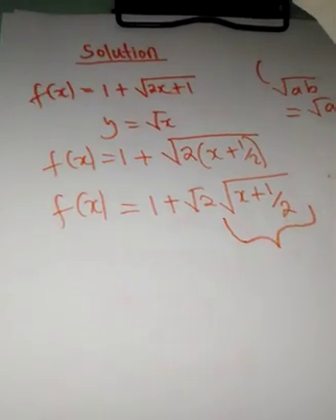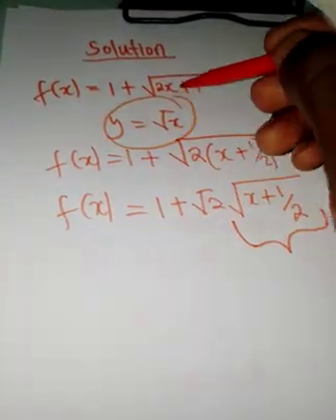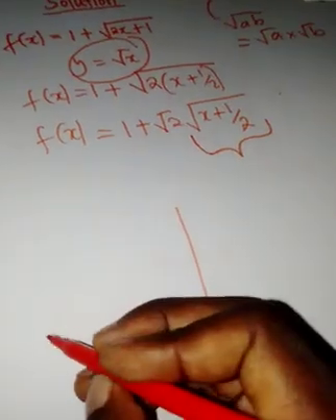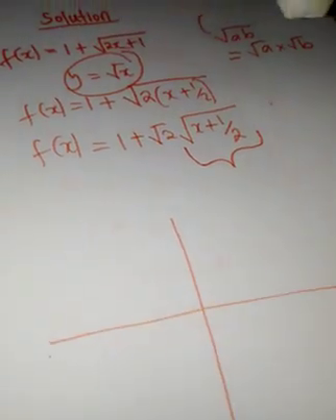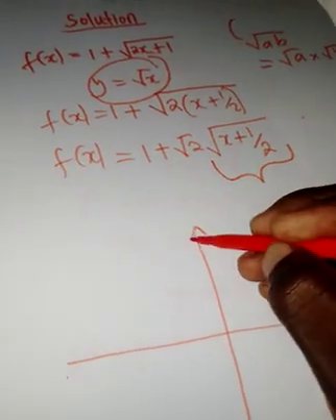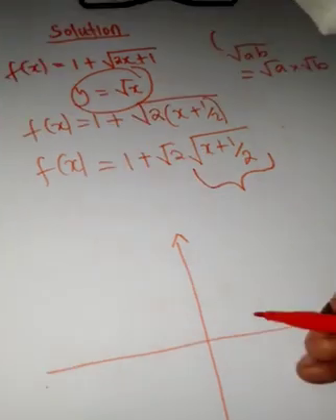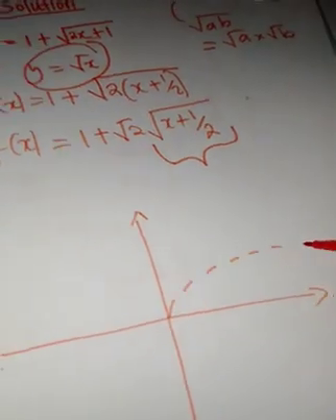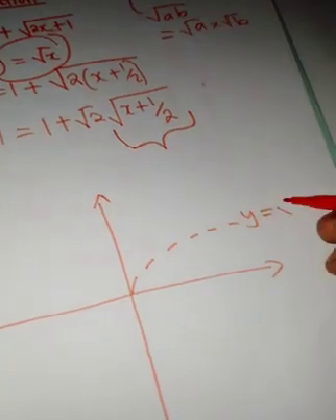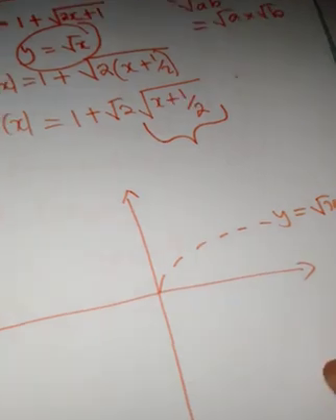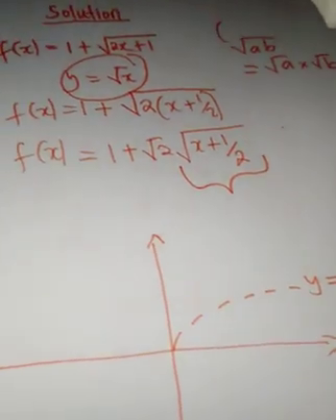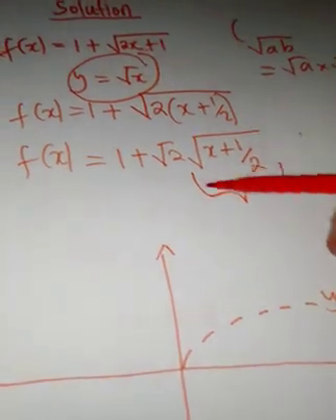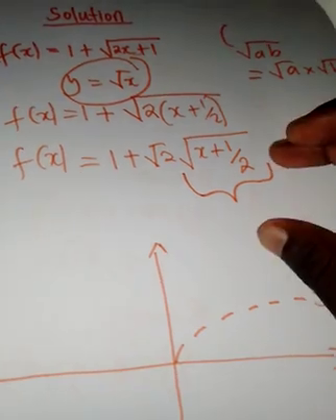But before that, we'll start with the general graph. So this one, if you just know that it goes like this: y equals root x. Then from there you come to this x plus 1 over 2.